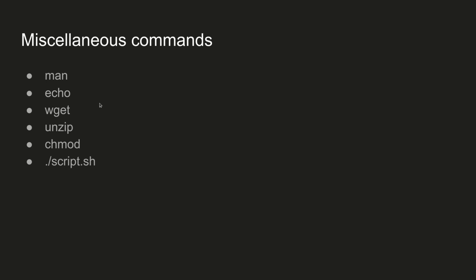Actually running scripts, which you use ./ for that. And Python 3, which can run Python files without adding the executable bit. And exit, which can just be used to exit your terminal and pick it up later.